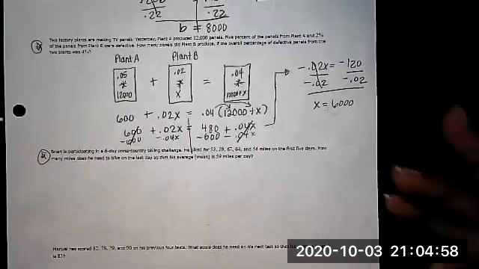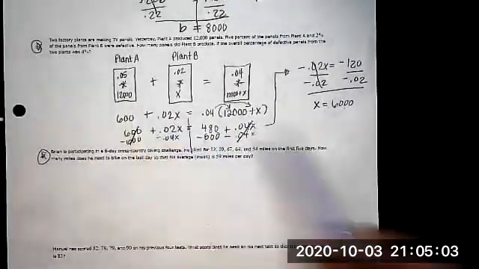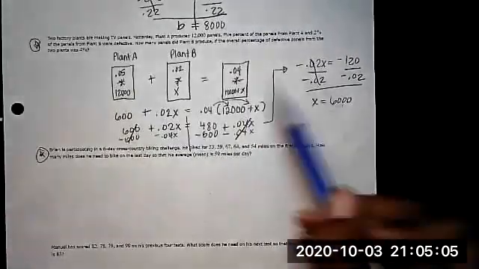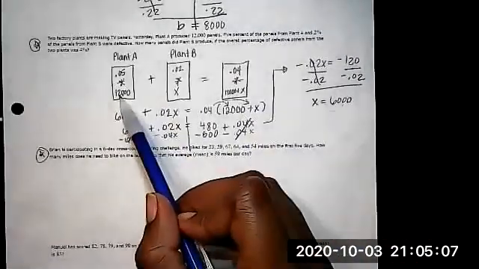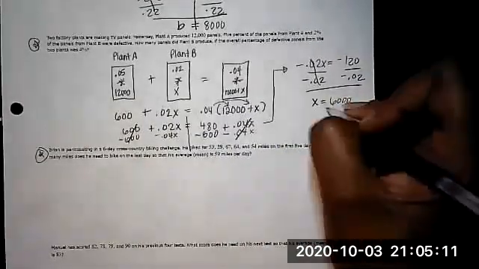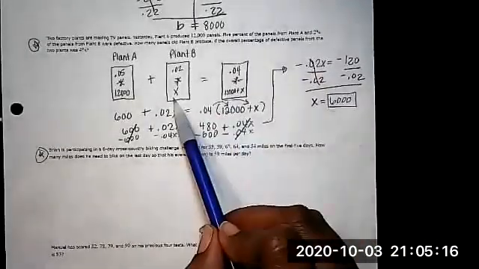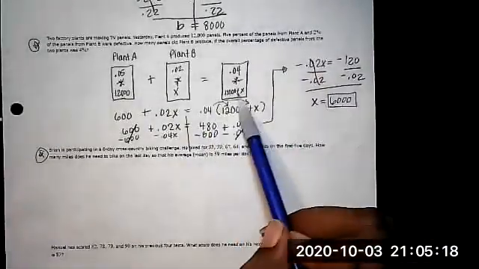They produced 6,000. And together it would be, if you had to answer how many did they produce together, 6,000 plus 12,000, so basically 18,000, but they're not asking you that. They're asking how many did plant B produce, and that's what we found when we found X. All right, this right here is the total.